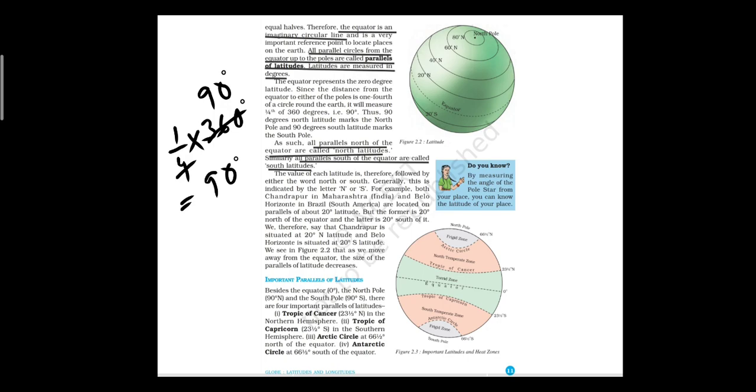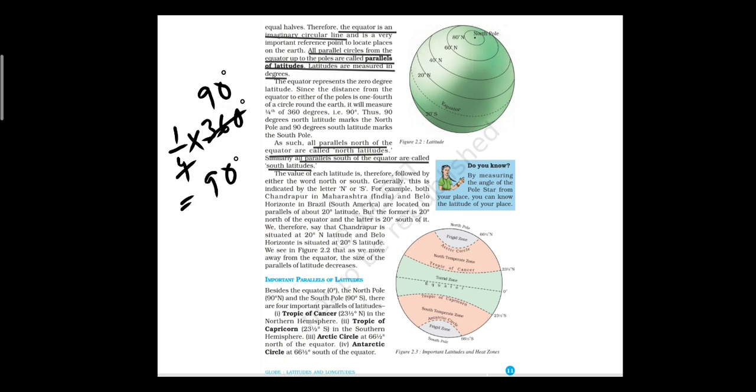Generally, this is indicated by the letter N or S. For example, both Chandrapur in Maharashtra, India, and Belo Horizonte in Brazil, which is in South America, are located on the parallels of about 20-degree latitude. But the former is 20 degrees north of the equator and the latter is 20 degrees south of it.